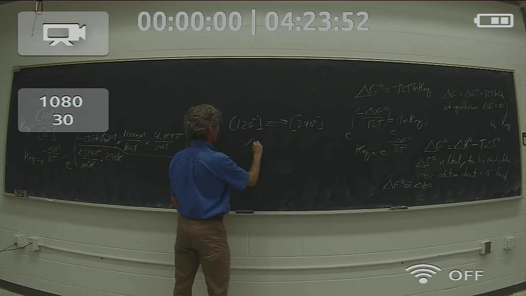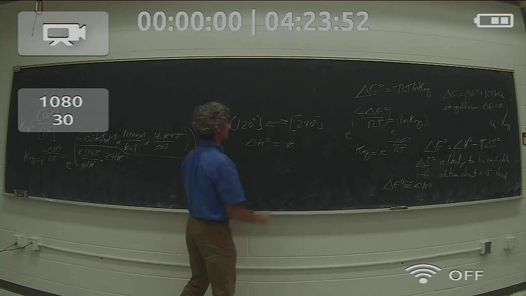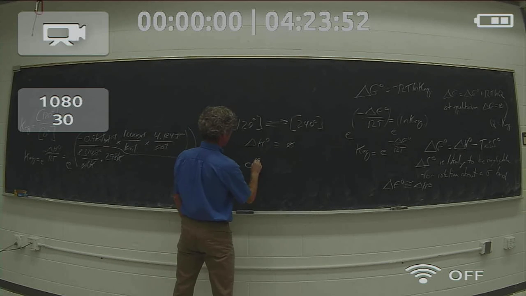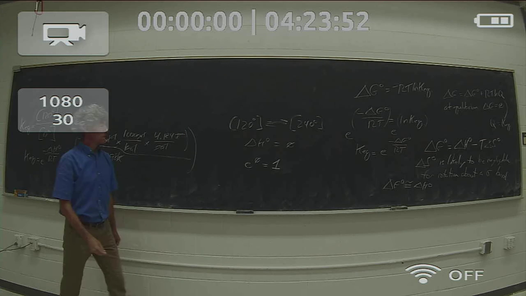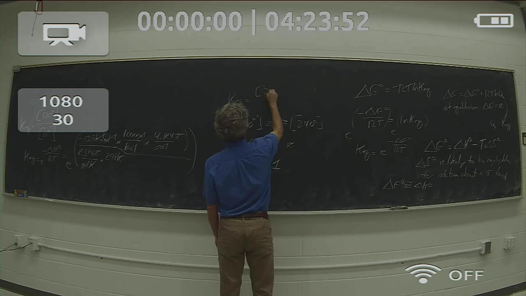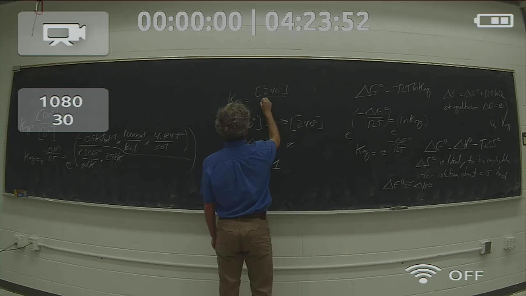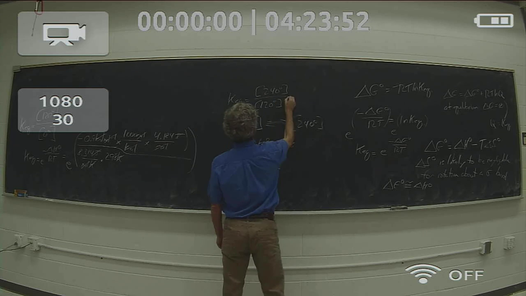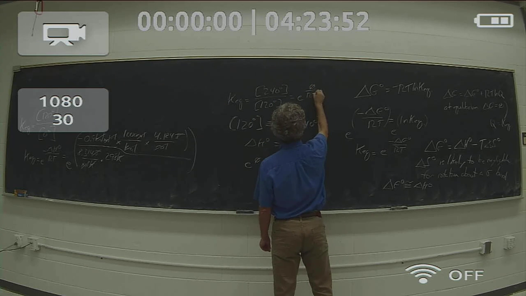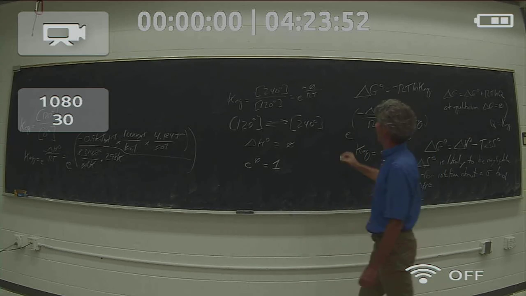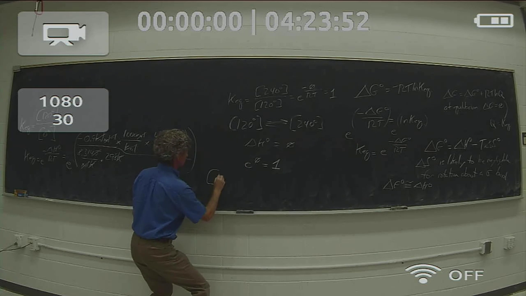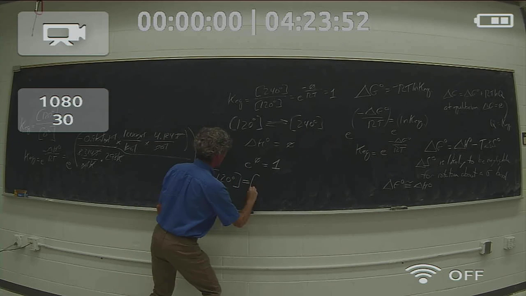Because I know that for this, delta H0 is equal to 0, and e to the 0 power is equal to 1, which means that the equilibrium constant here for the 240 degree conformer over the 120 degree conformer is equal to e to the minus 0 over RT, but that doesn't really matter, is equal to 1.